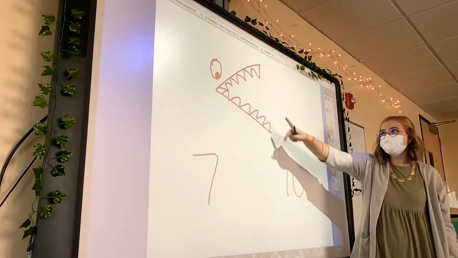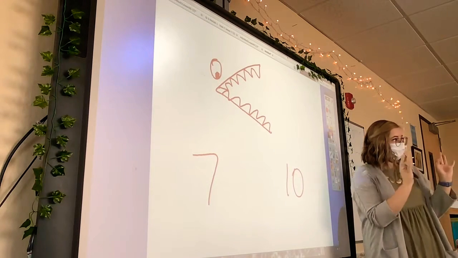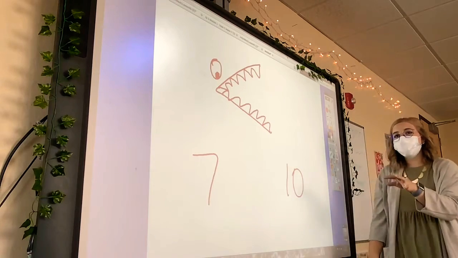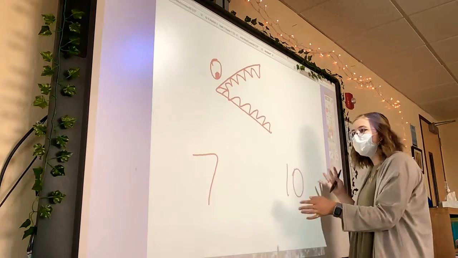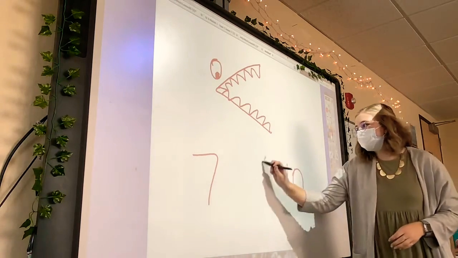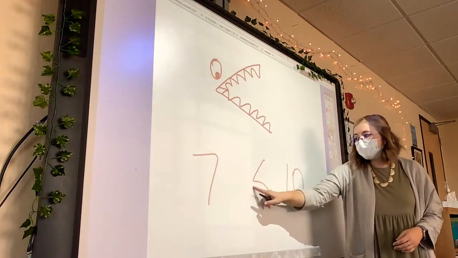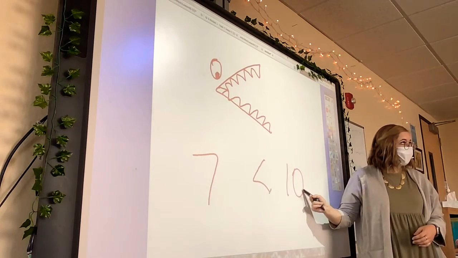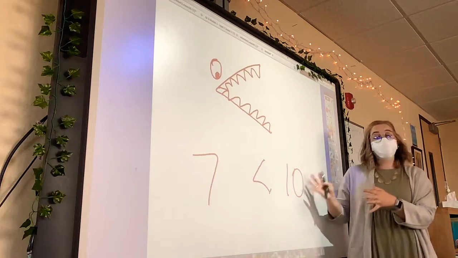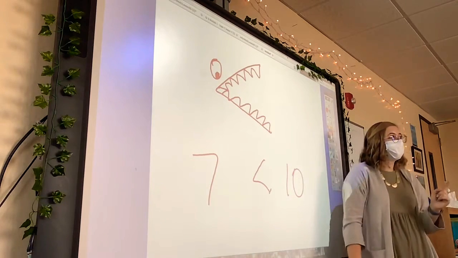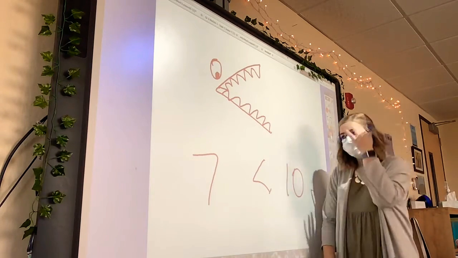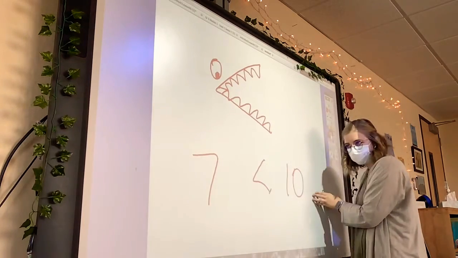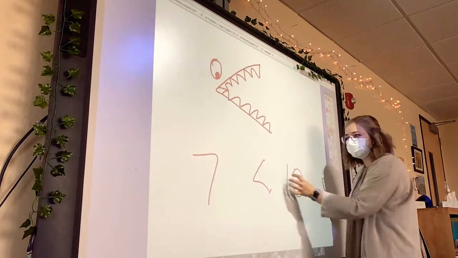So where he's at right now is perfect. And remember I said in English we read left to right. So we would read this as 7 is less than 10. You could look at this and say 10 is greater than 7. However, it'll come in handy if you start training your brain to read this way. 7 is less than 10.